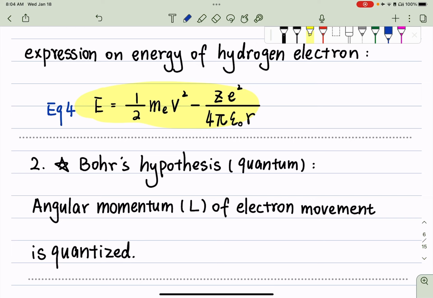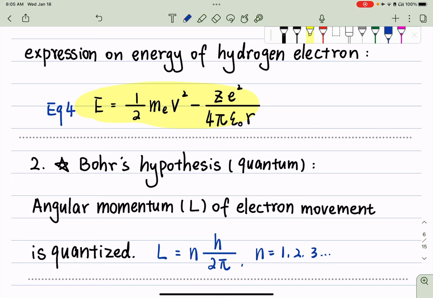He simply declared that L, the angular momentum, equals an integer n times Planck's constant over 2 pi, where n equals 1, 2, 3, and so on.